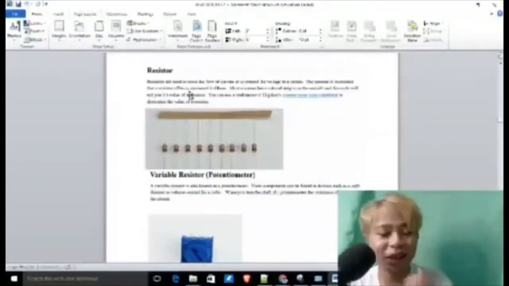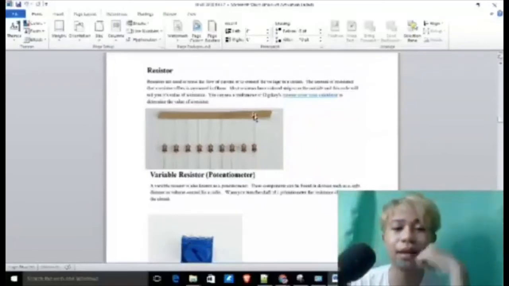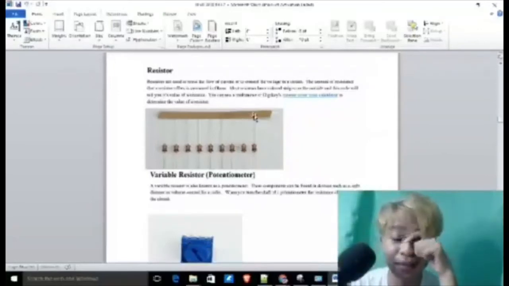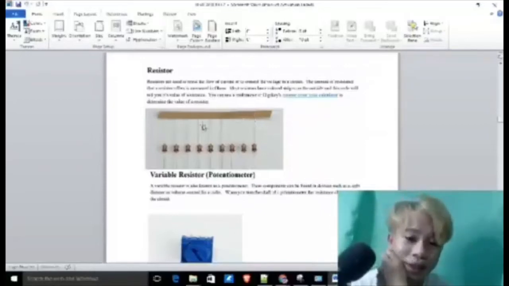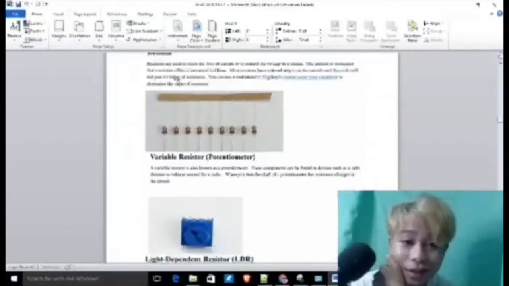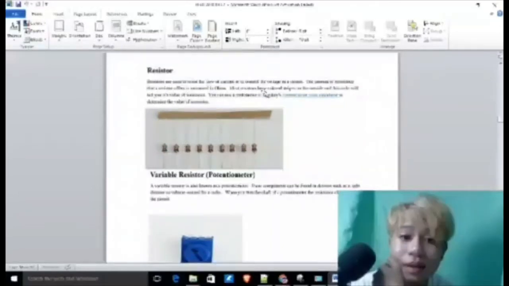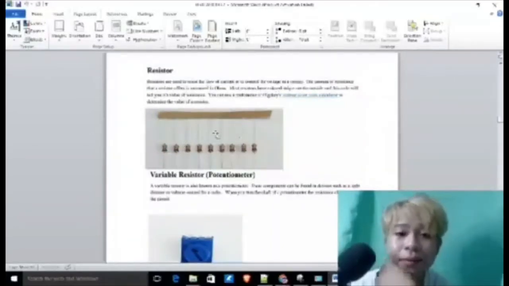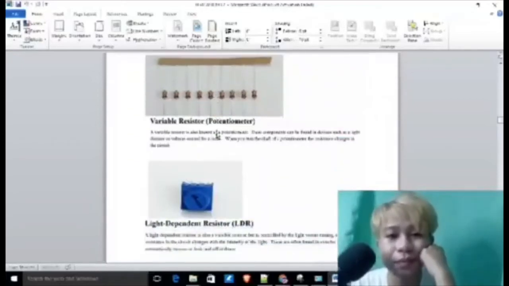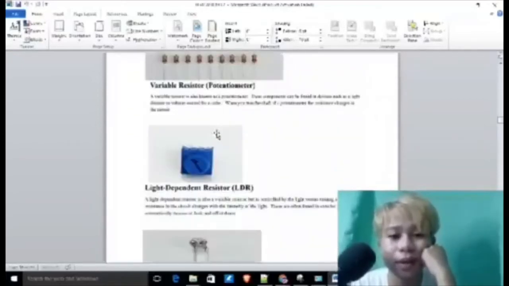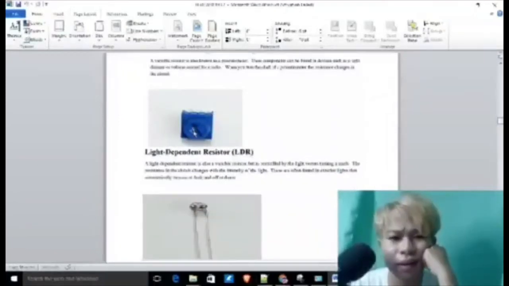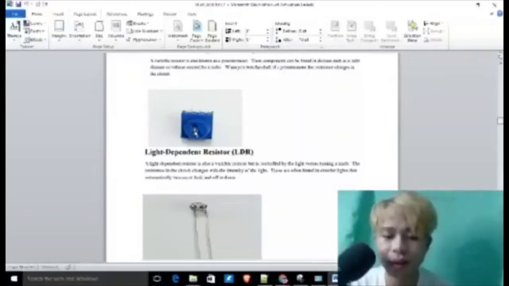I didn't have knowledge about these resistors. I hope that as time goes by I will have this resistor, because a resistor is used to lower current and control the voltage. Okay, variable resistor. Yeah, I haven't seen most of these materials or equipment in person, just only in this module.